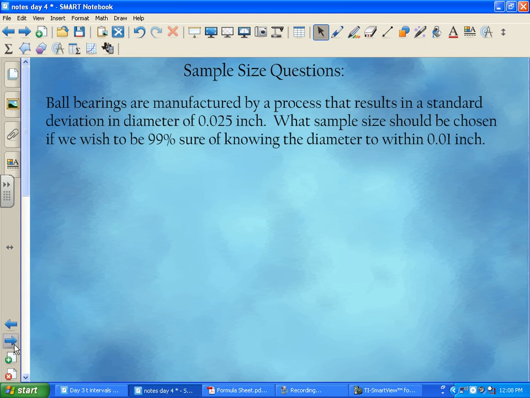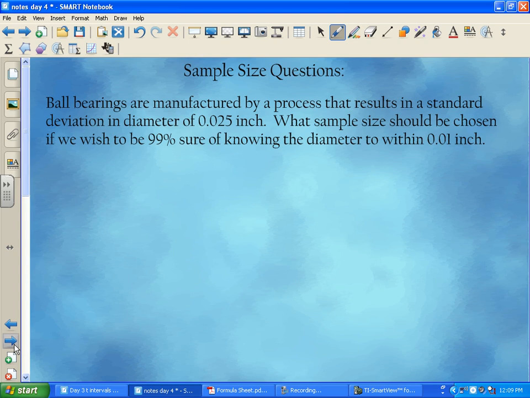Sample size problems. To guesstimate your sample size, you actually use the z-values. You use z to guesstimate because, think about it, when we use the t, we're using the standard deviation from our sample. Agreed? Everybody agreed with what I'm saying right there?